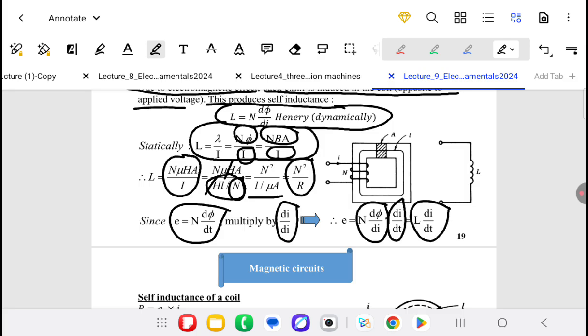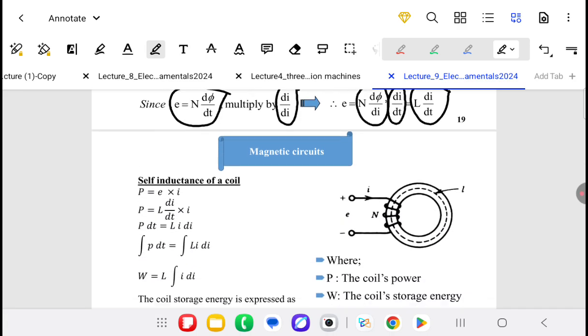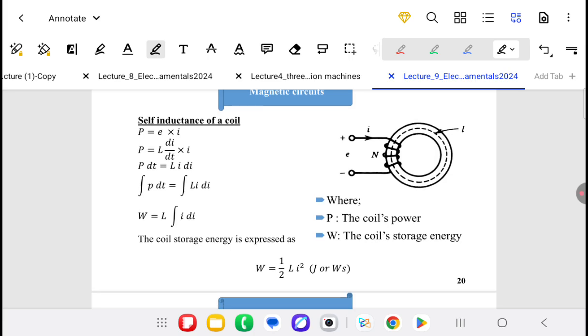This is the relation between the induced EMF, self-inductance, and the rate of change of current with time. For the self-inductance of the coil, we have the power consumed equals E times I. The induced EMF E equals L di by dt, times I.